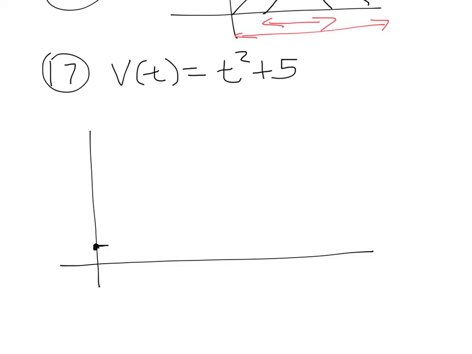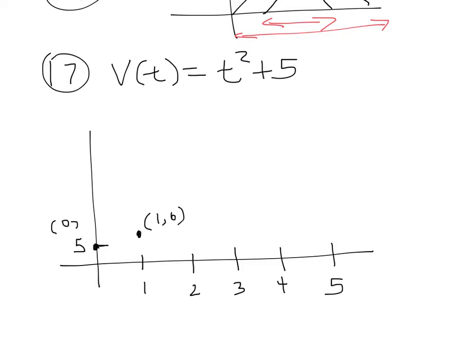So at 0, if I plug 0 into the function, 0 squared plus 5 gives me 5. Then it's said to do this in increments of 1, and my example said from 0 to 5, so I can stop at 5. Then I go to 1, so if I plug in 1, 1 squared is 1 plus 5, that'll be 6. So that point's 1, 6.